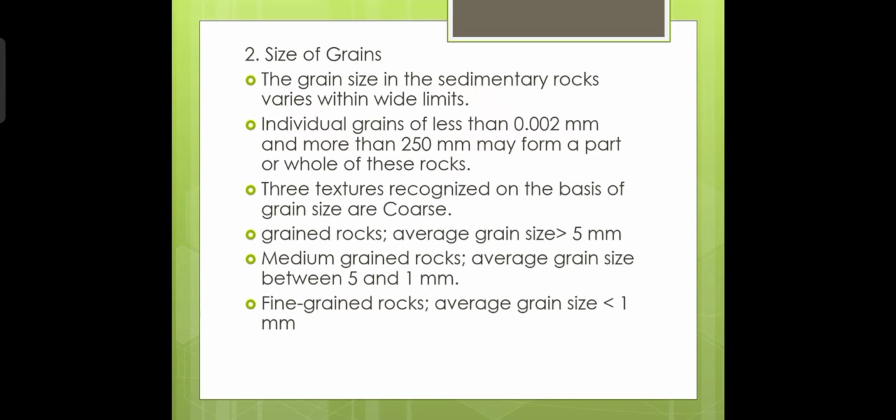Three textures recognized on the basis of grain size are coarse grained rocks, average grain size 5 mm, medium grained rocks, average grain size between 5 and 1 mm, and fine grained rocks, average grain size 1 mm.